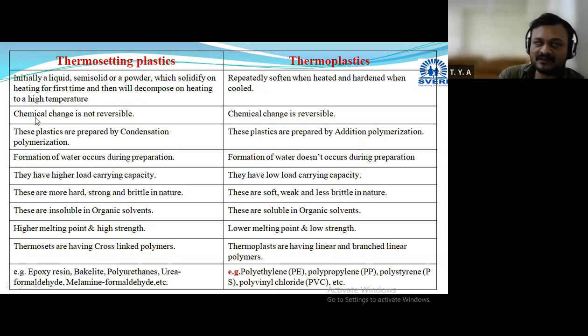Here, the first point you have to add is related to the definition. What is thermoplastic material and what is thermosetting plastic material?